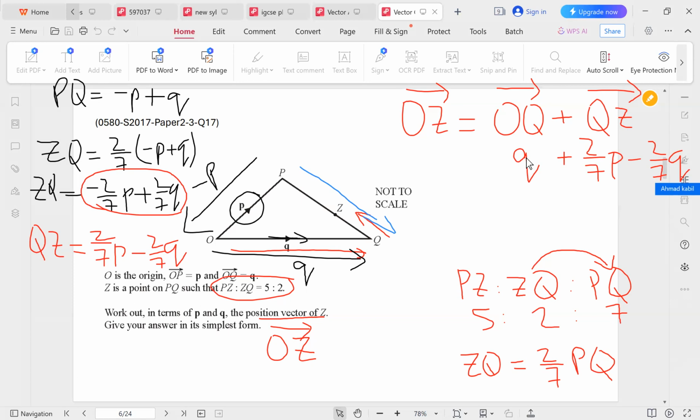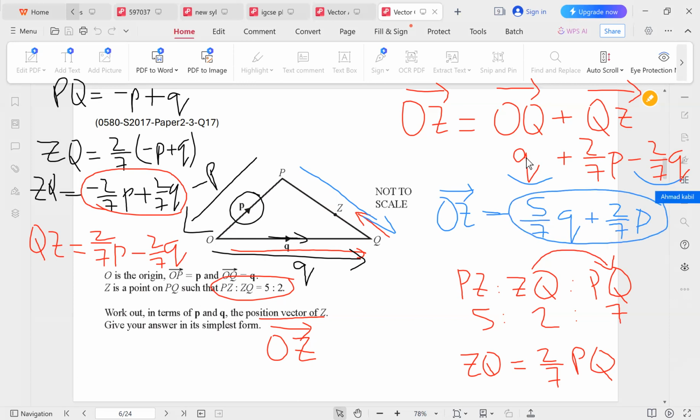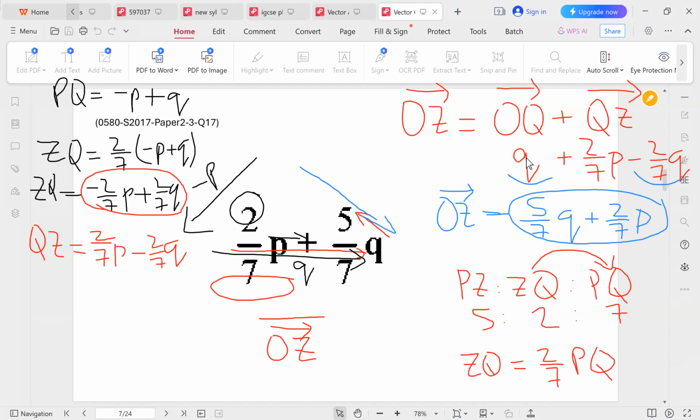Of course, we can simplify Q minus 2 over 7Q. That would give us 5 over 7Q plus 2 over 7P. And that would be the final answer for vector OZ. So 2 over 7P plus 5 over 7Q is the correct final answer here.